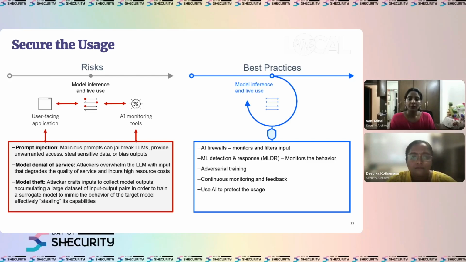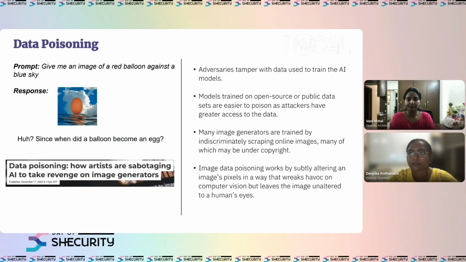And it's also important to continuously monitor the model's performance and identify potential misuse. Now, we have covered the three stages of the pipeline, and we have seen examples of some types of attacks that can occur in these stages. Let's see a real life example of one such attack.